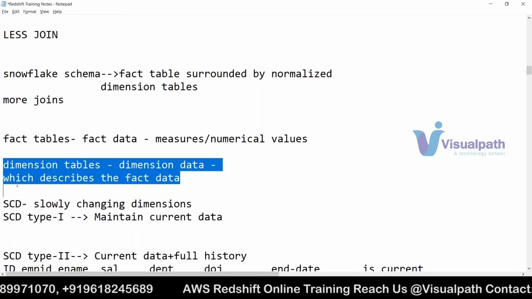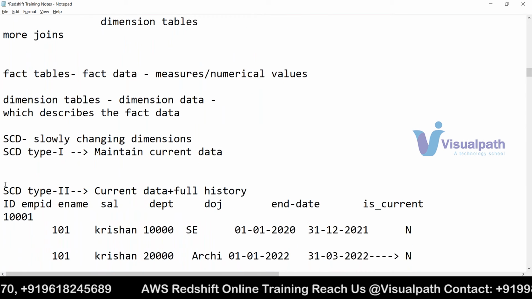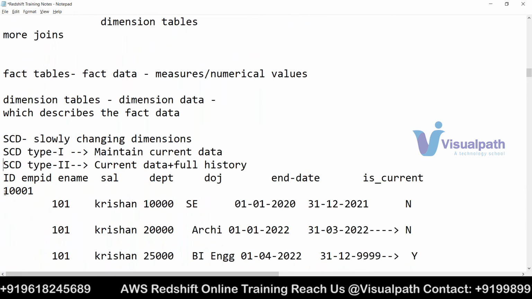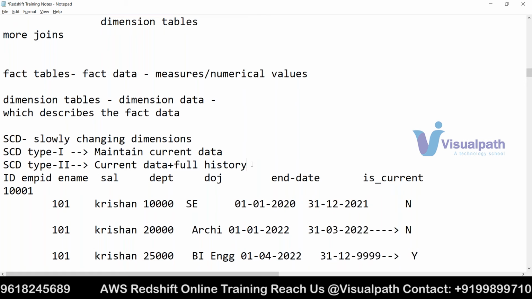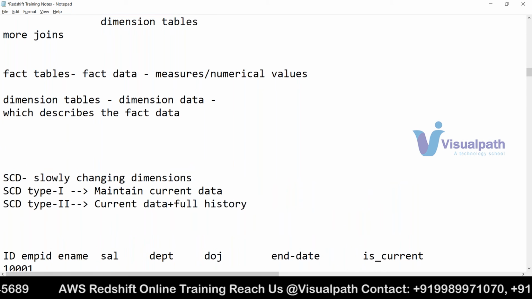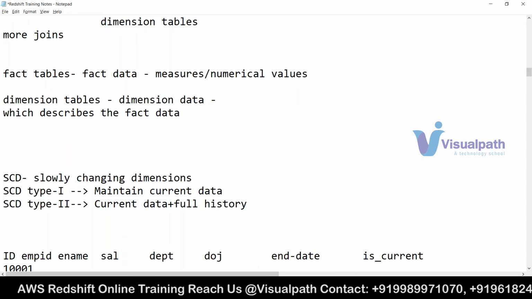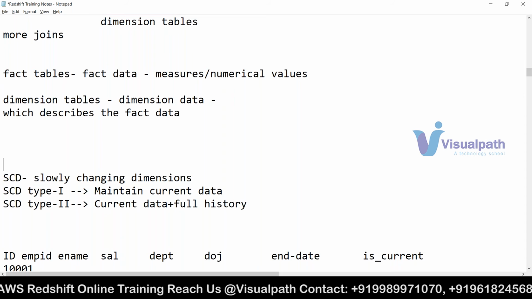Then the dimension tables, this is also again a very important concept. The dimensions will tend to change over time. For example, I have one product, even if you take some beauty product like Fair and Lovely.